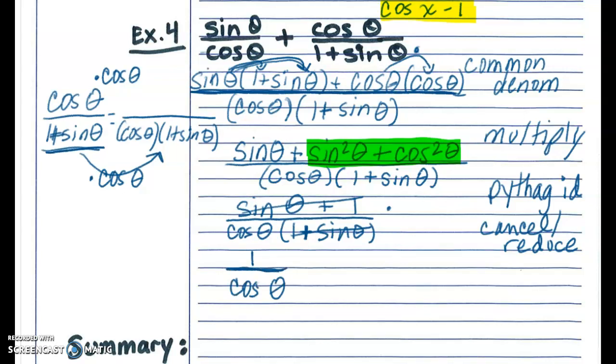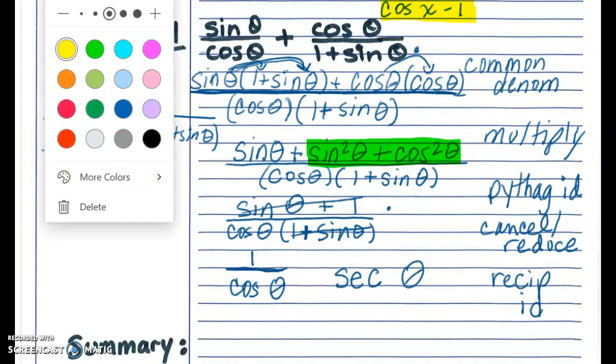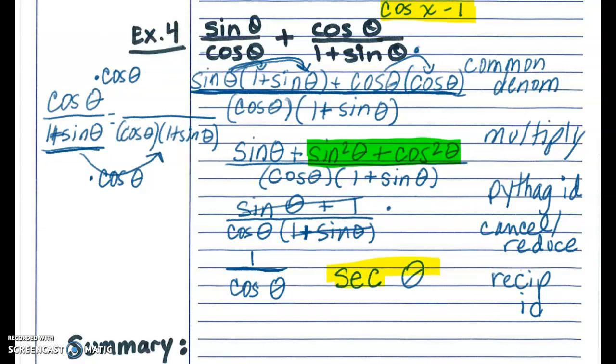Can we make 1 over cosine theta any simpler? Look at your reciprocal identities. And I see that 1 over cosine is equal to secant theta because of a reciprocal identity. And nothing else can be simpler than secant theta, so that's my final answer.